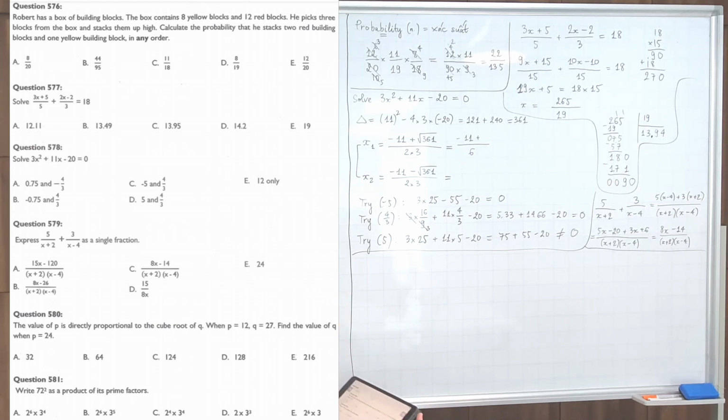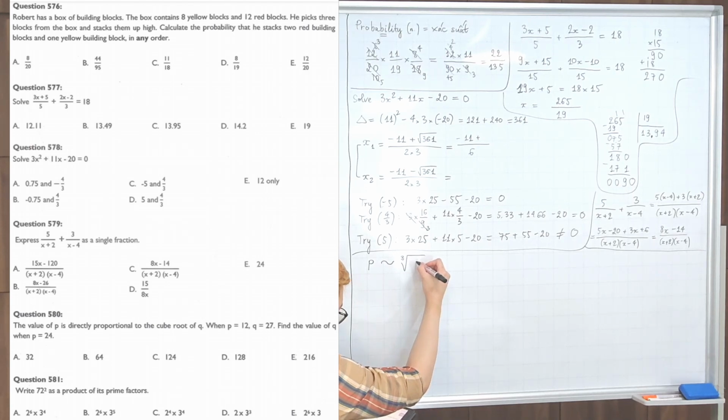So they say directly proportional to the cube root of Q. Tỷ lệ với lại cái cube root nha. Nếu mà cube là bậc 3 đi, thì cube root là căn bậc 3. So cube root is like this one. P is proportional to the cube root of Q.